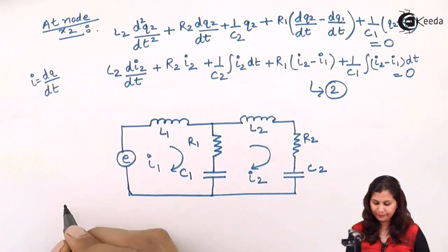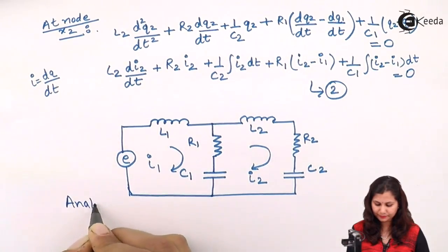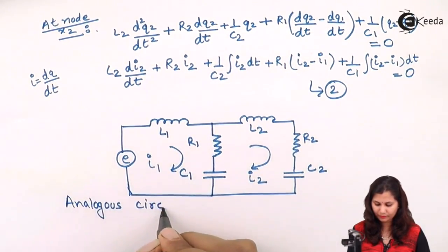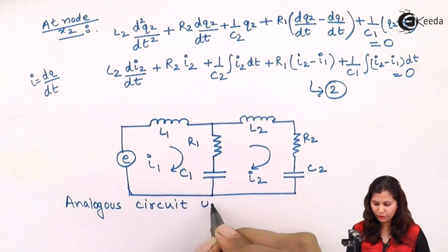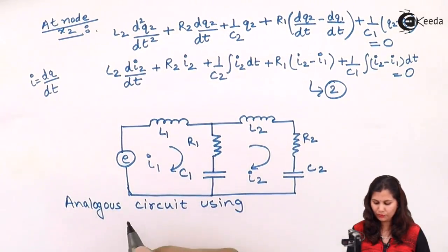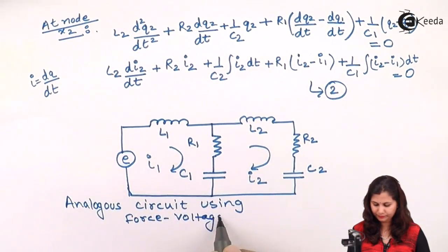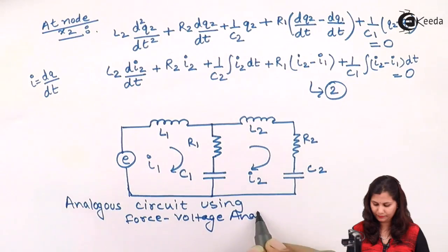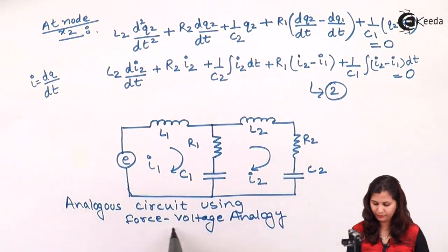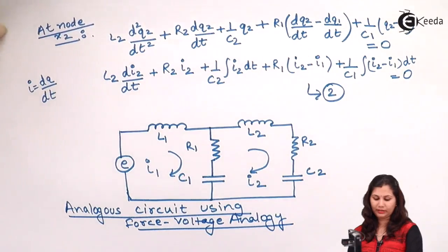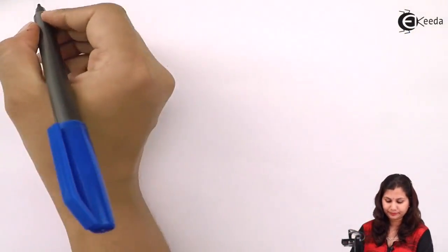So this is the analogous circuit using the force voltage analogy. Now we will derive the analogous system using the force current analogy.